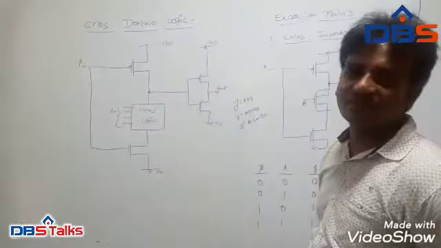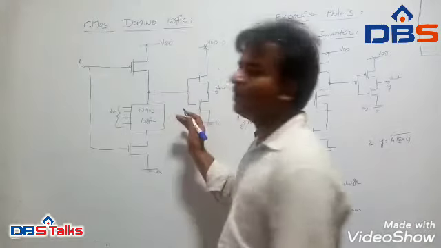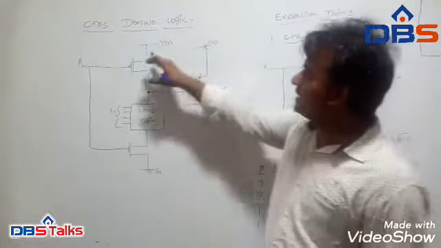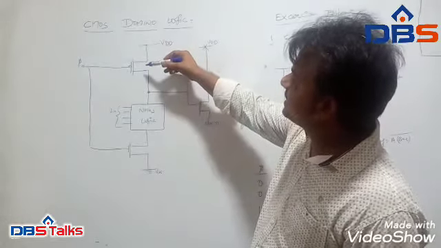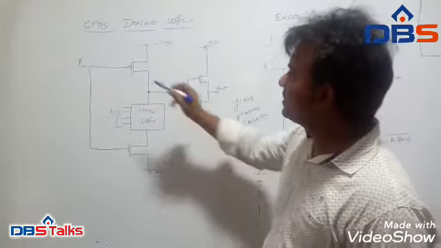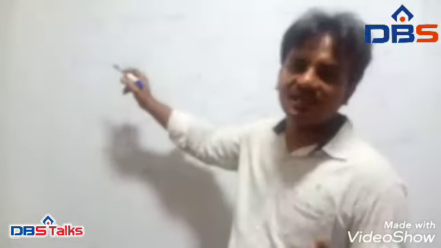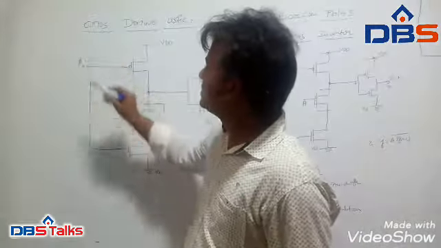Coming to the operation of this circuit, CMOS domino logic is similar to dynamic logic. It consists of both the precharge and the evaluation transistor. Here also we have two cases. Case one is if the clock input is equal to 0.